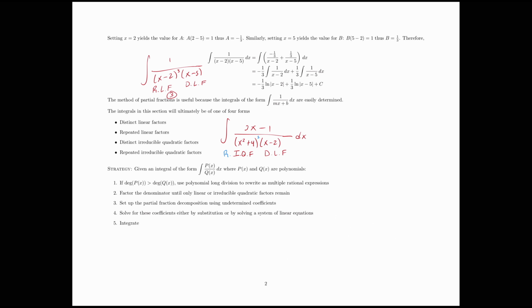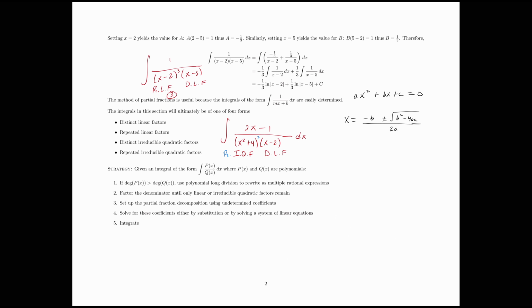Remember that if you are ever unsure if something factors further in the real numbers, you can use, we all remember this, the quadratic formula, x equals negative b plus or minus the square root of b squared minus 4ac all over 2a. And this is if we have something starting off with ax squared plus bx plus c equals 0. This would give you the roots of the polynomial.